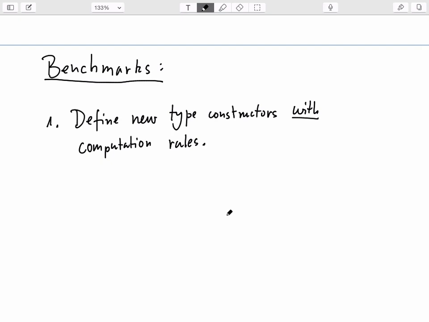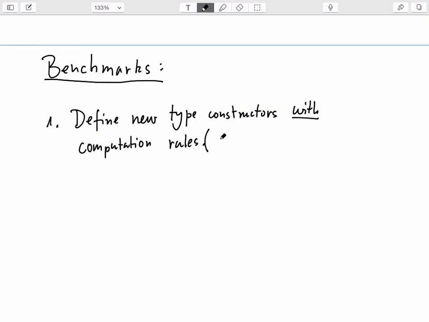For instance, it should be possible to define the higher inductive type circle in this system with the desired computation rules. I should be able to tell the system what the beta and eta rules are. And then there should be a reasonable way of using these rules, preferably as automatic as all the other beta eta rules that are already there. So type constructors, what would this be?